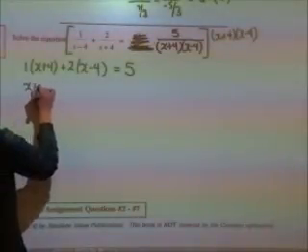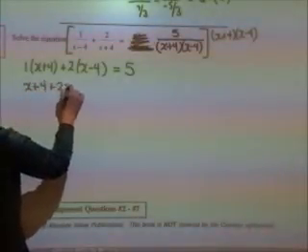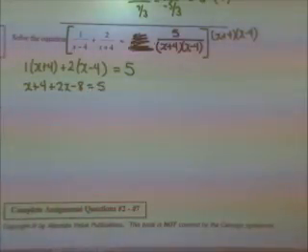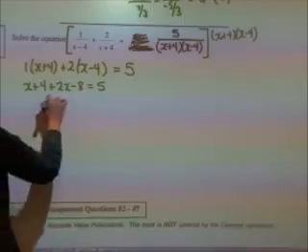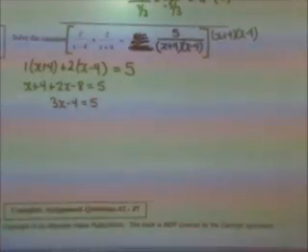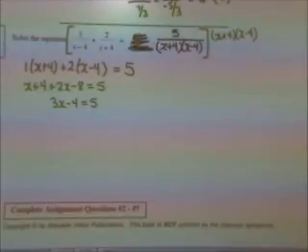So x plus 4 plus 2x minus 8 equals 5. 3x minus 4 equals 5.